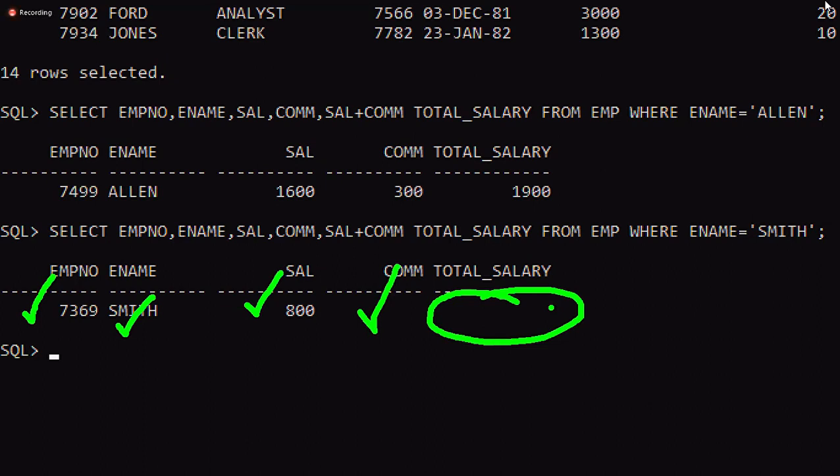Suppose your basic salary is 25,000, HRA allowances 10,000, DA allowances 20,000. So 25 plus 10 is 35, 35 plus 20, how much? 55 salary. So 55 plus some PF, for example, is null. What happened? 55 plus null, what is it showing? Null is showing. So actually your salary is 55,000, but it's showing null in your pay slip.